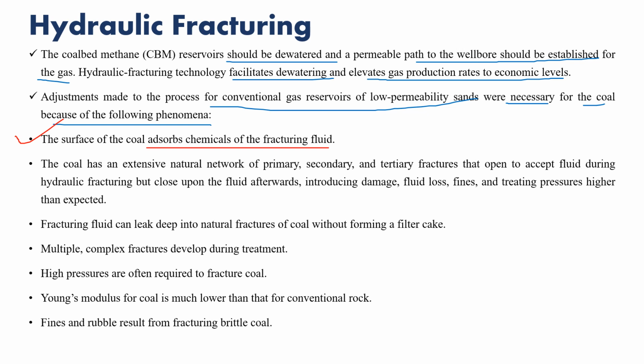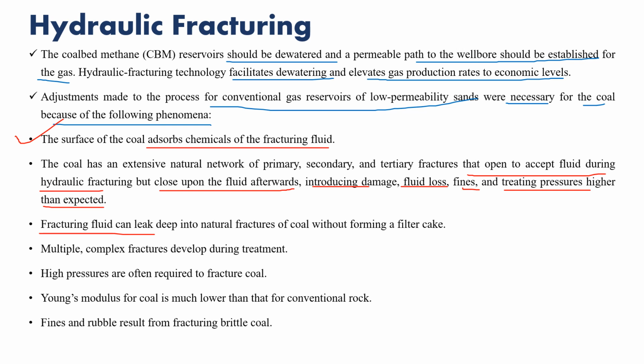The coal has an extensive natural network of primary, secondary and tertiary fractures that open to accept the fluid during hydraulic fracturing but close upon the fluid afterwards, causing damage, fluid loss, fines and treating pressures higher than expected. So we should make some adjustments.